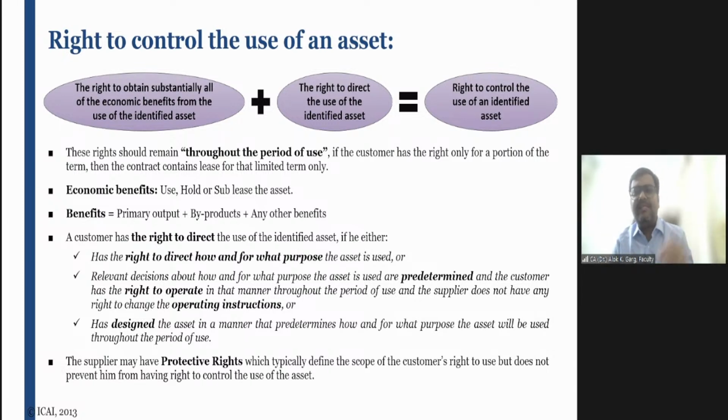Because in the lease contract this asset is mentioned and it is installed in the premises of the lessee. So the lessor cannot replace this asset, because if the lessor wants to replace it, he has to incur huge expenses in dismantling and installing. So it is an identified asset.